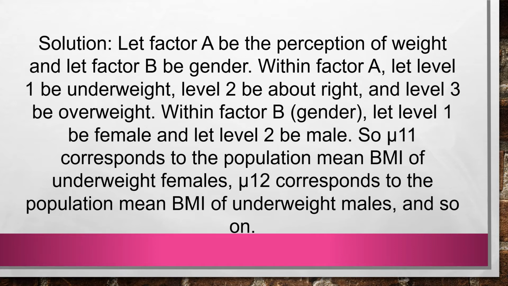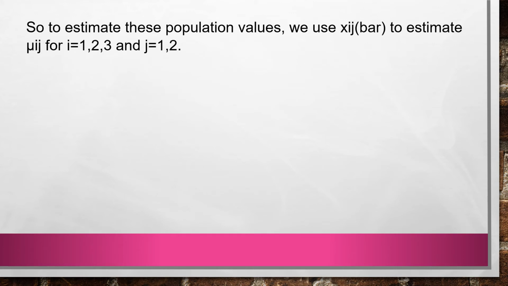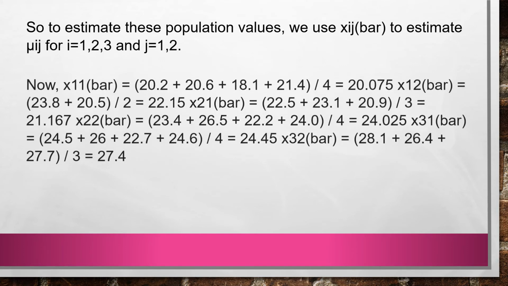So mu_11 corresponds to the population mean BMI of underweight females, mu_12 corresponds to the population mean BMI of underweight males, and so on. To estimate these population values, we use x-bar_ij to estimate mu_ij for i is equal to 1, 2, 3 and j is equal to 1 and 2.